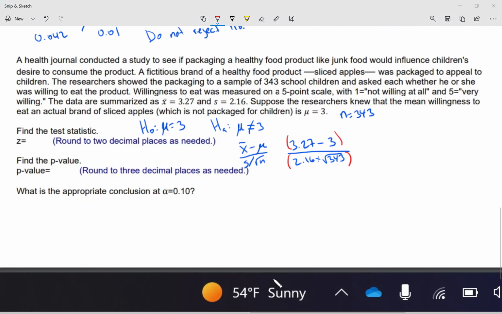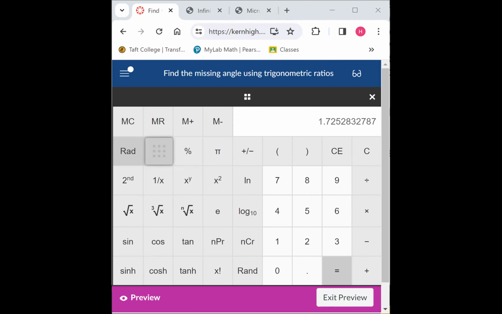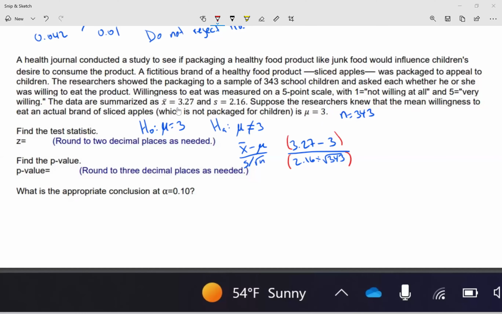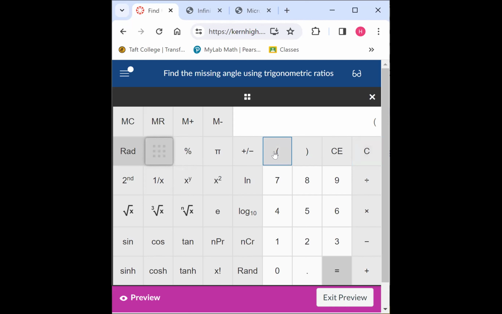Let me go to my calculator here. Okay, cool. Let me clear this out. Open parentheses, 3.27 minus 3, close parentheses. That's the top.